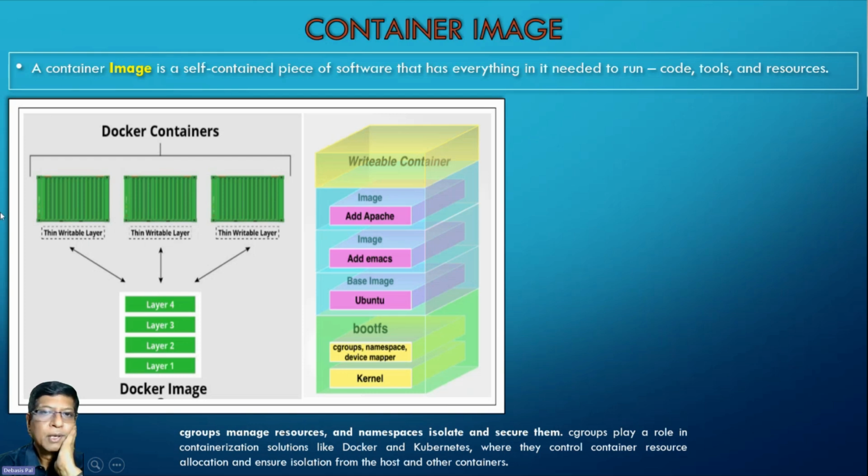What is happening? Let's say this is a place. This is the Docker engine, within which you have, let's say, a system. This is a Linux environment. And you have Docker containers.